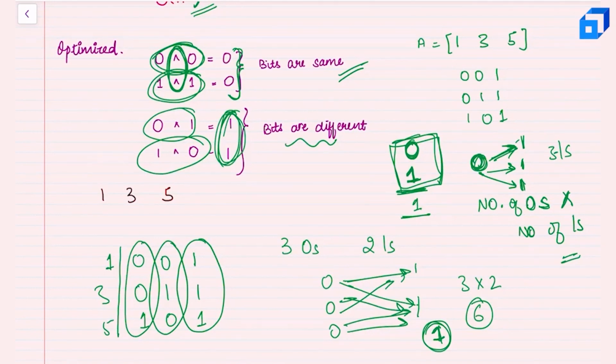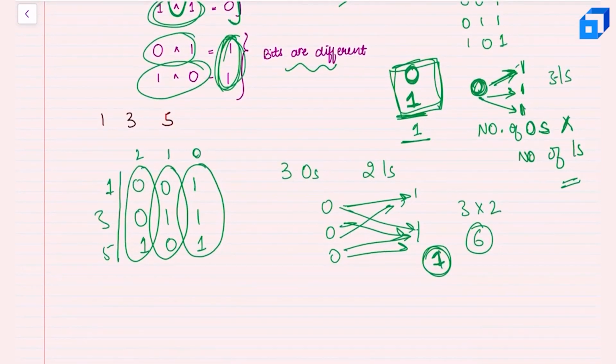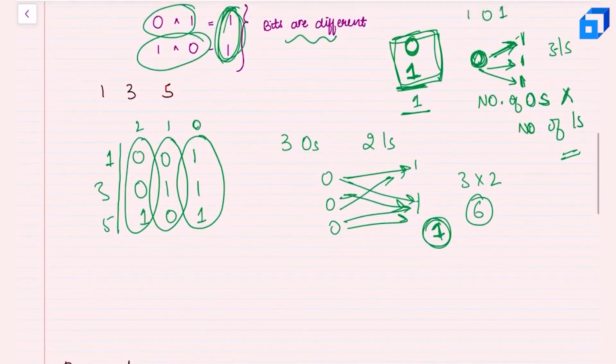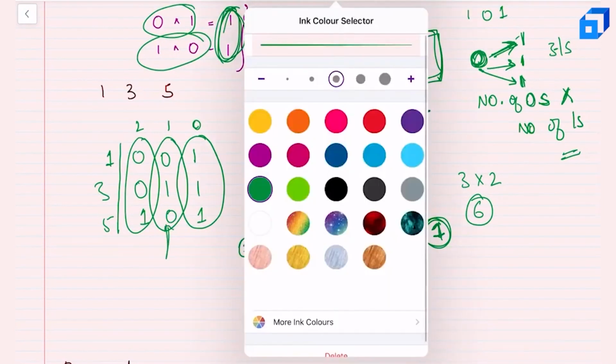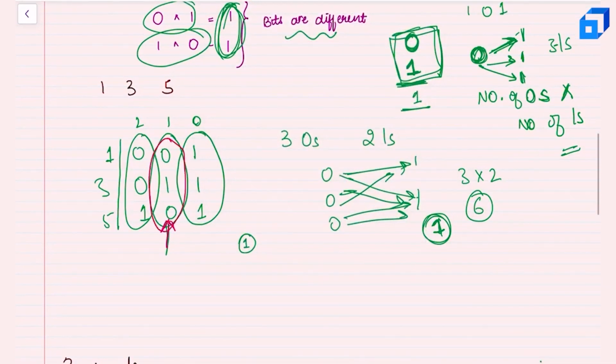So I have the ith bit as 0, 1, 2. Let's see with the example. Basically, let's consider bit position 1. Let me change the color. Let's consider this part, right? So I have 0, 1 and 0.